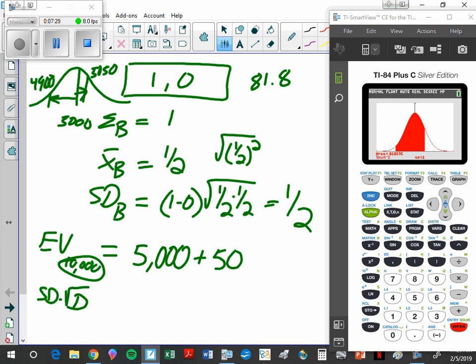How would you have done that in your head? Using our fancy 68, 95, 99.7 rule. So the 1 SD rule is 68, and the 2 SD rule is 95, and we essentially have half of a 68 rule on the right side, and then half of a 95 rule on the other side.